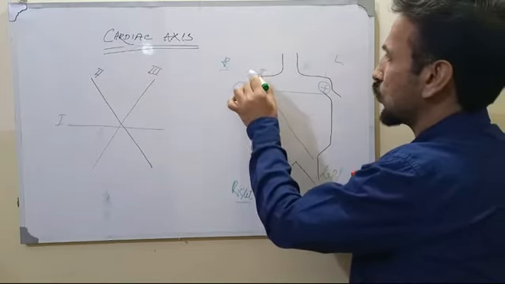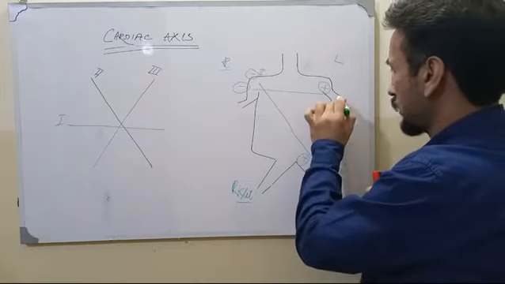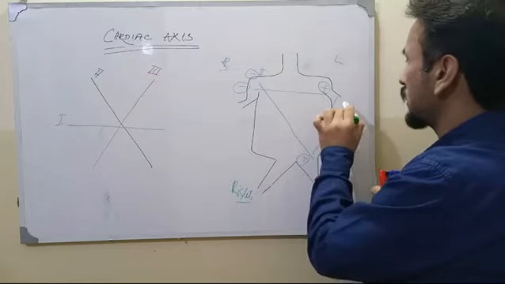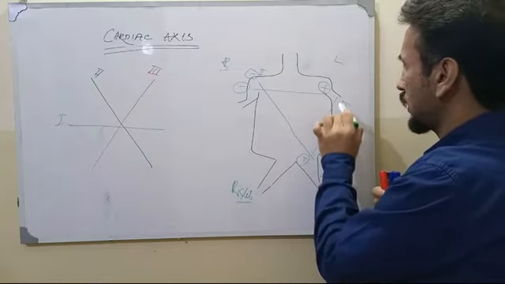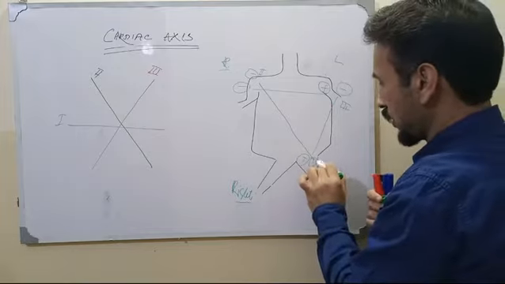The negative pole is here, and here is the positive pole. And the third one, which is running from the left upper limb to the left leg, is lead 3, with a negative pole here and a positive pole here.